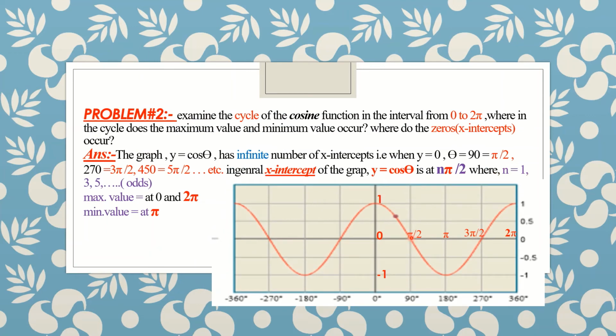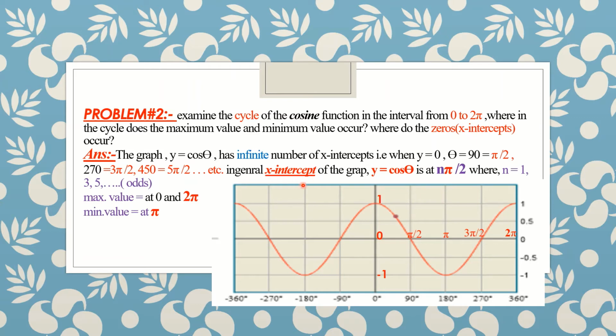These are the zeros of the cosine function, pi over 2, 90, 3 pi over 2, 270, and next 450, and so on. To the left, the same thing, negative. You can take negative 90 here, and negative 3 pi over 2, and so on.